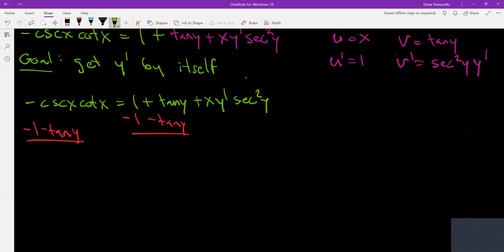I know in the guideline for this, you usually want the y prime by itself on the left side, but in this case, we already have y prime on the right side, so I'm going to keep it over there. So negative 1 minus tangent y minus cosecant x cotangent x, all of that's equal to x y prime secant squared of y.